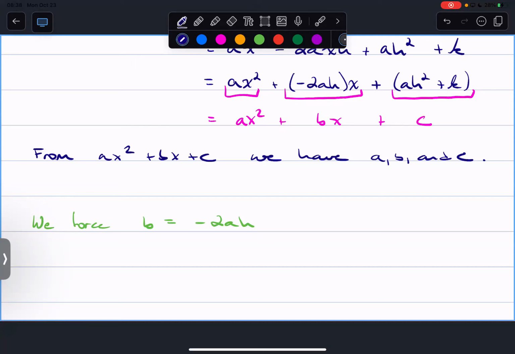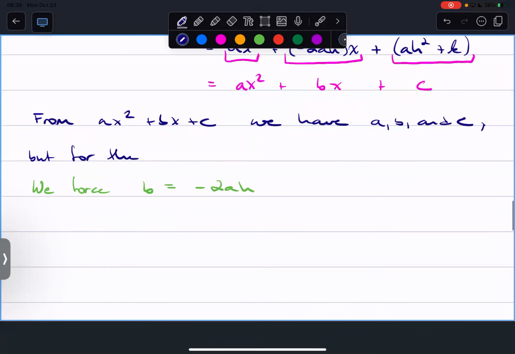But for the vertex form, or sorry, I call it vertex form, I guess, but it's technically transformation form. I'll call it vertex form in brackets.